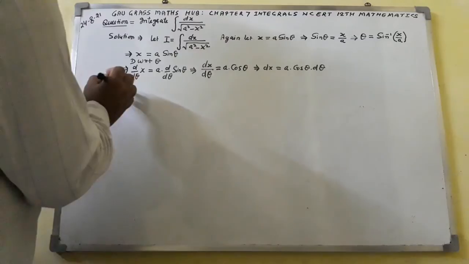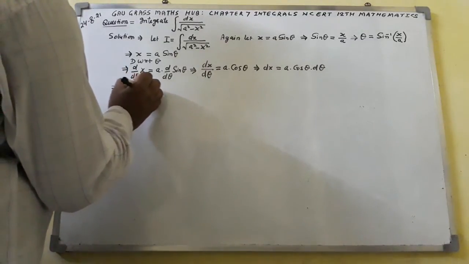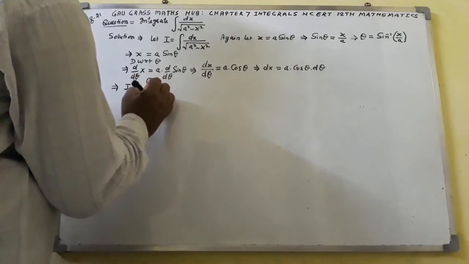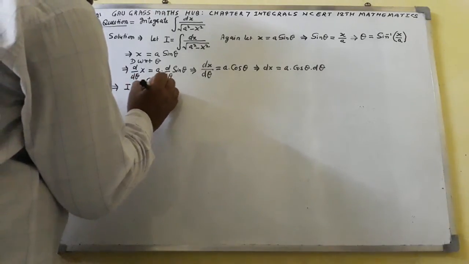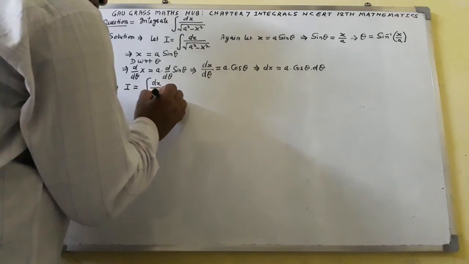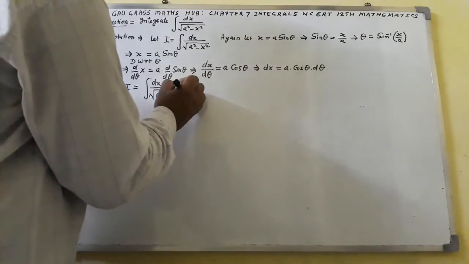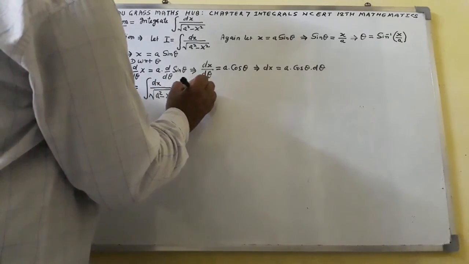Now come back to the question itself. I equals integral dx over under root a square minus x square.